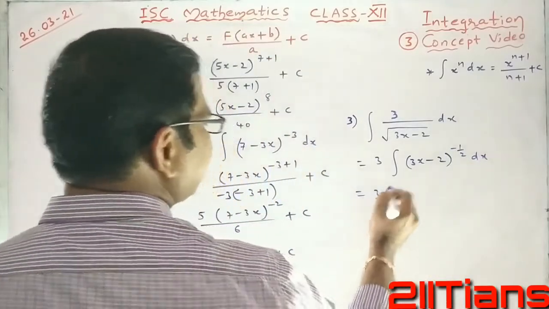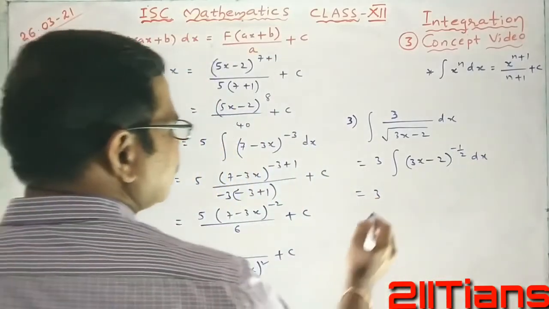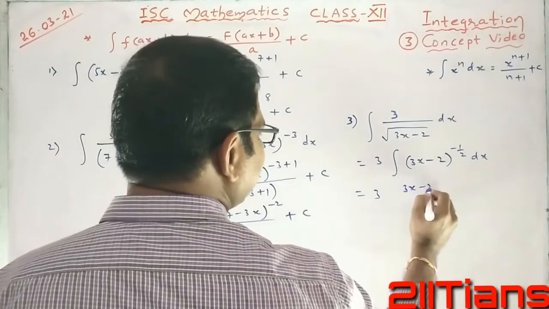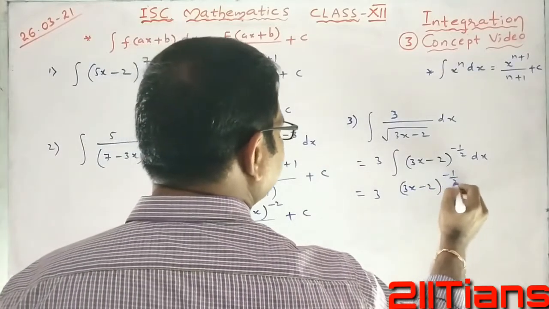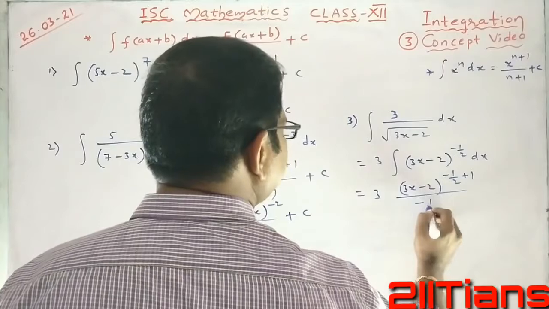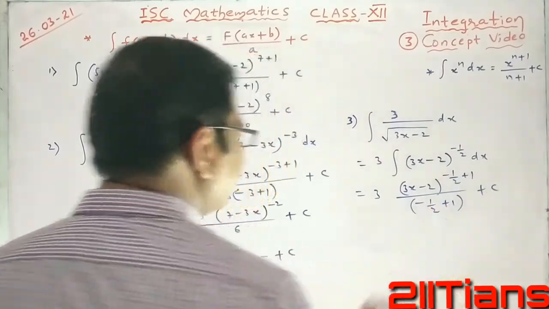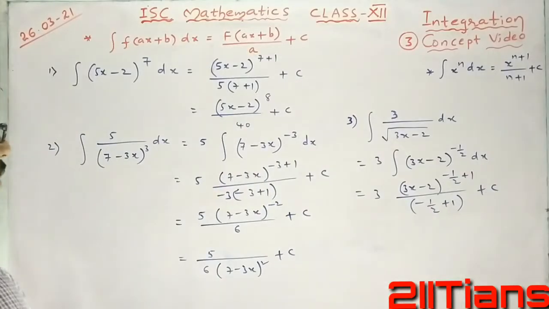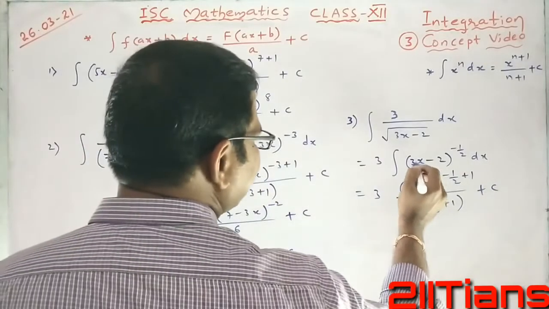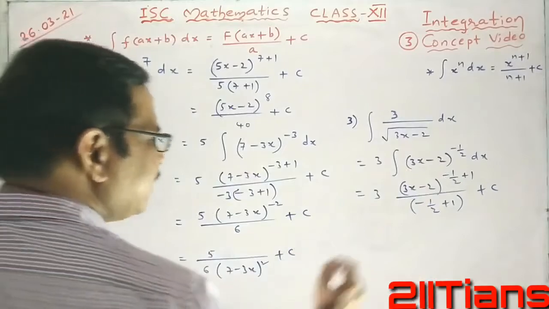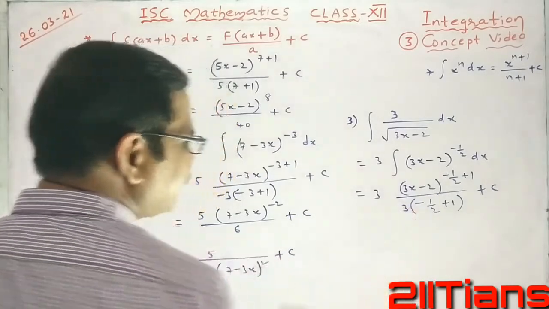It is also in the form of x power n dx. So x power n plus 1, my 3x minus 2 whole to the power n plus 1 by n plus 1 plus c. But you should never forget to write the coefficient of x in the denominator in the given integrand. X coefficient we have 3 here.